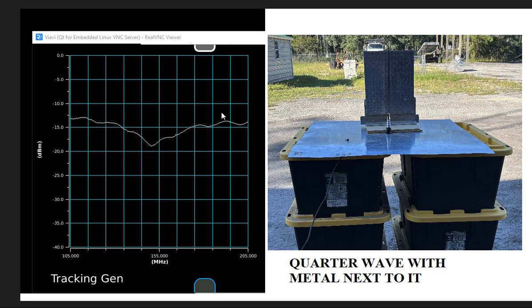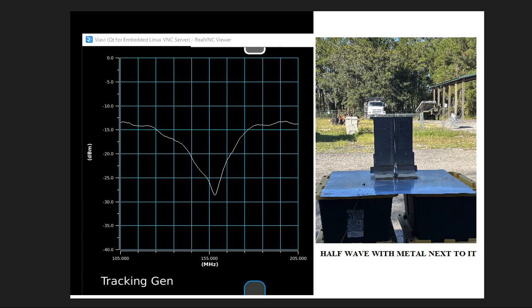And there's nothing you can do about a situation like this except this, which is break out your half wave. And now you can see that your half wave is definitely going to be able to get all of the performance that you need and bandwidth, but it does definitely affect its resonant frequency.